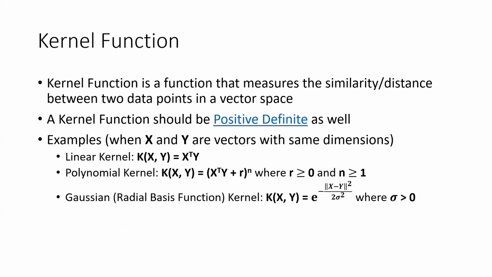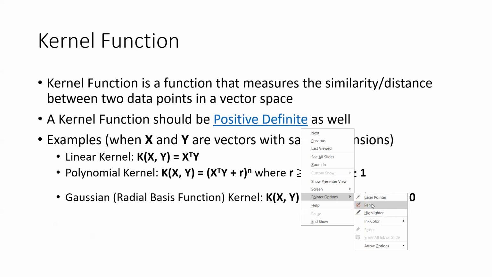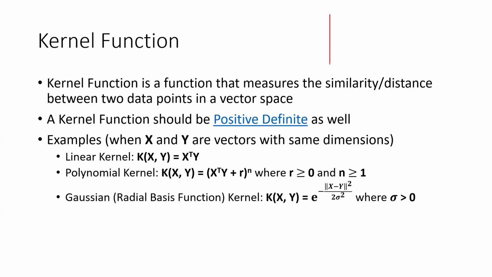Before we learn how to apply this kernel trick, we have to know what the kernel function is. The kernel function is actually a measure of distance between two data points in a vector space. Say this is a two dimensional vector space, and this is one data point and this is another data point.